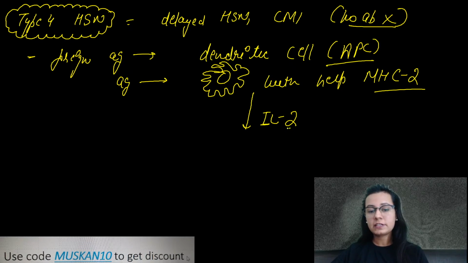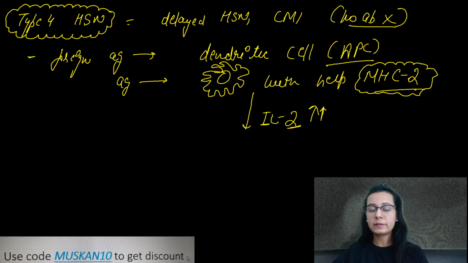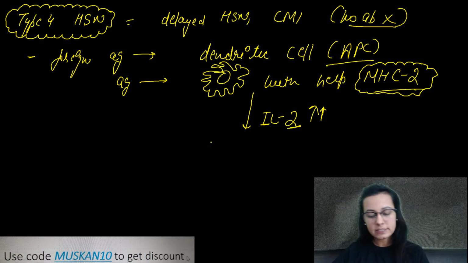With the help of MHC2, the dendritic cell will present the antigen and increase the release of interleukin 2.